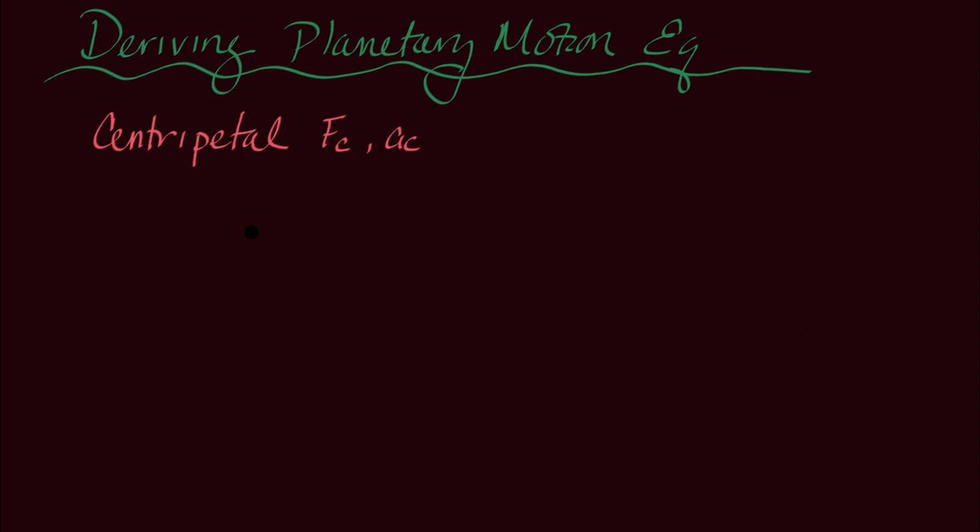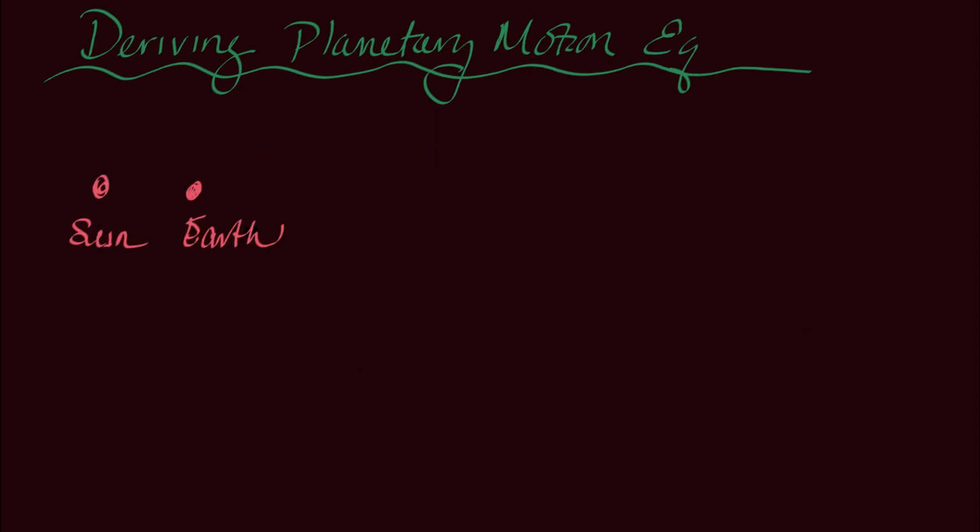Second, we assume all planets travel in a uniform circular motion, so we assume centripetal force and centripetal acceleration applies, even though we know that planets have elliptical paths. We know the Earth revolves around the Sun, so there is a centripetal force keeping the Earth in its orbit.